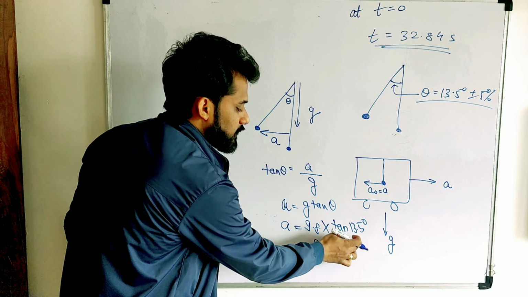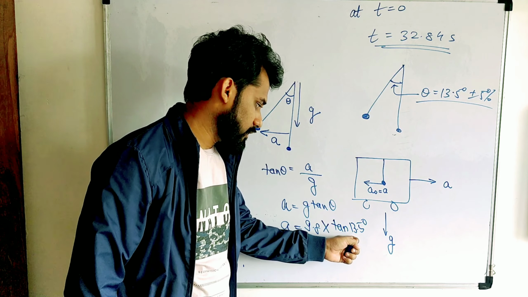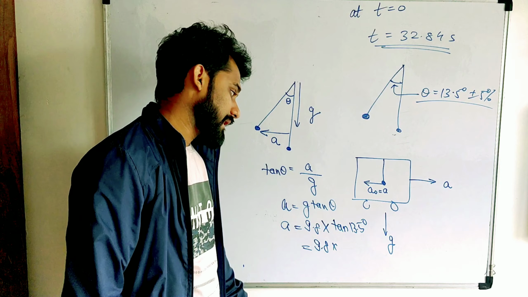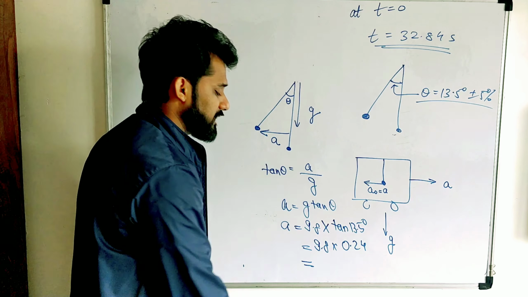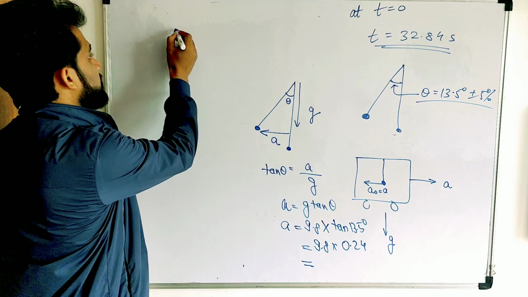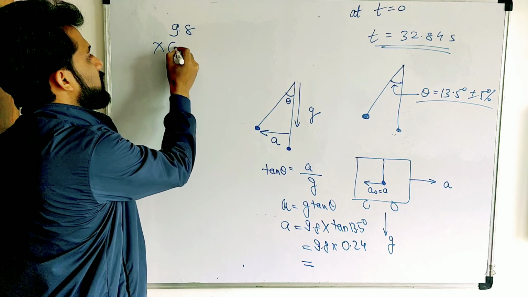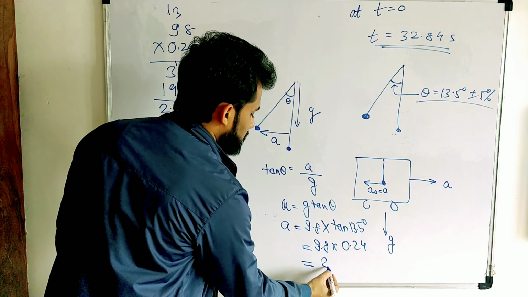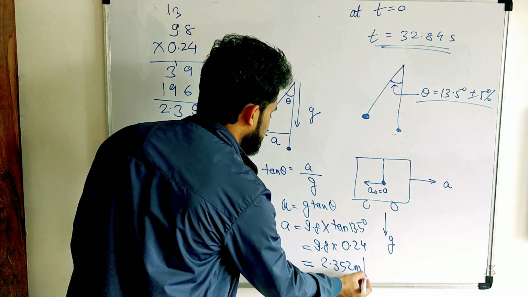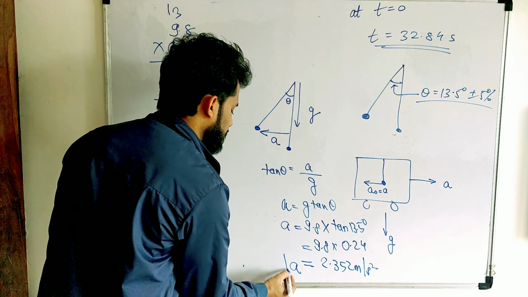If you solve it using a log table or calculator, you will get tan 13.5 degrees as about 0.24. Multiplying 9.8 by 0.24, you get 2.352 meters per second squared as the acceleration of the aircraft.